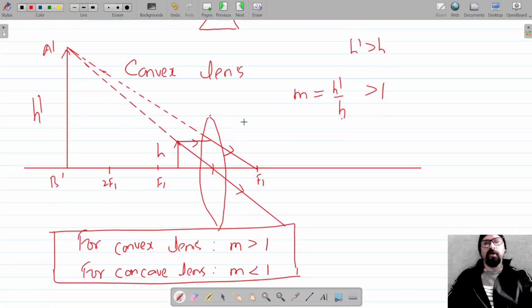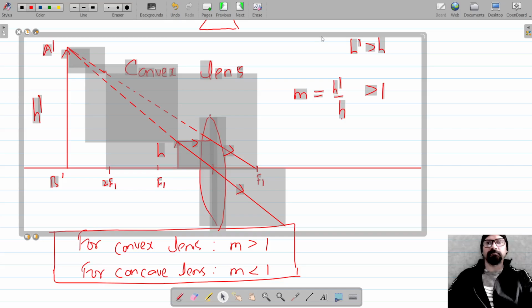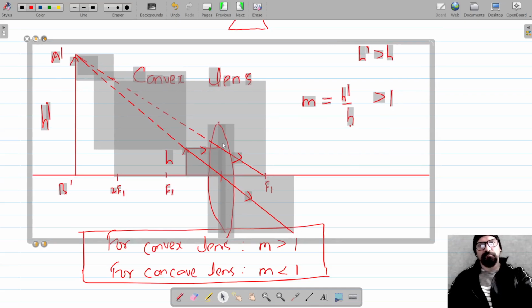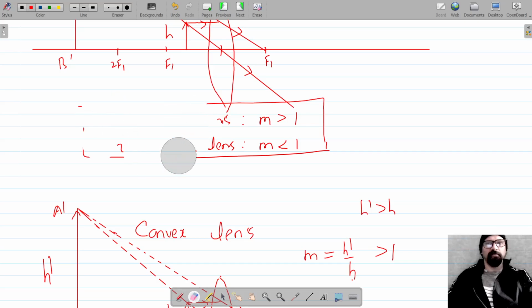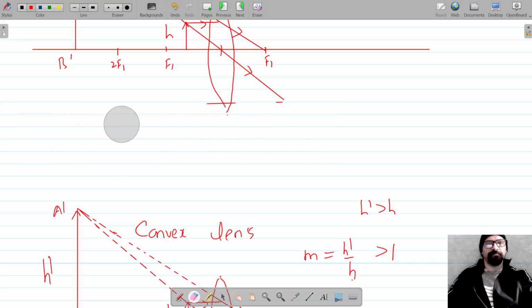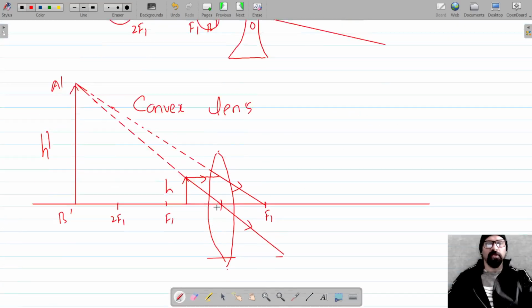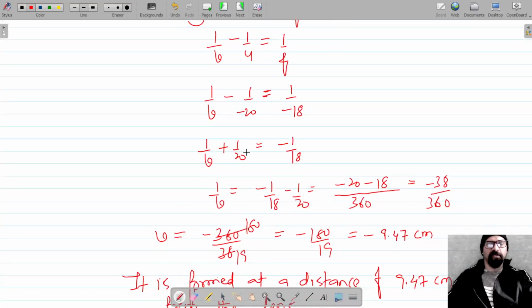So we are doing the or part. This is the virtual, erect and magnified image, so this is the second part.